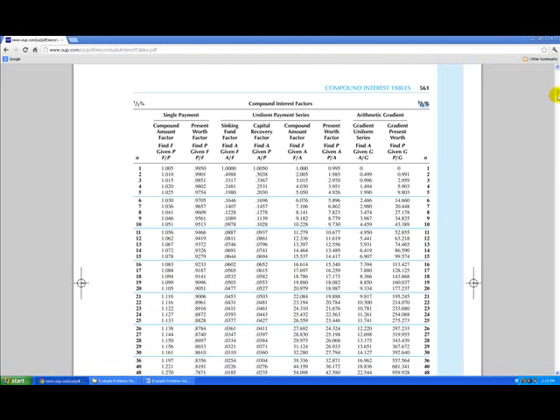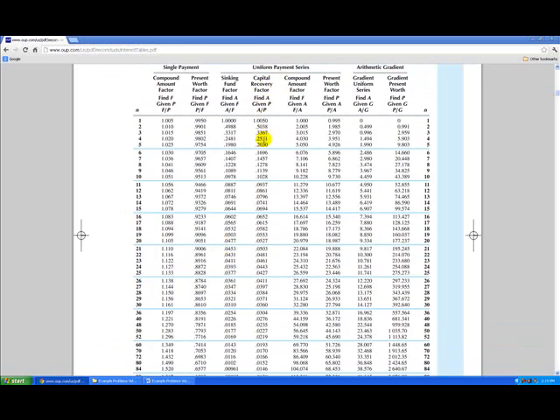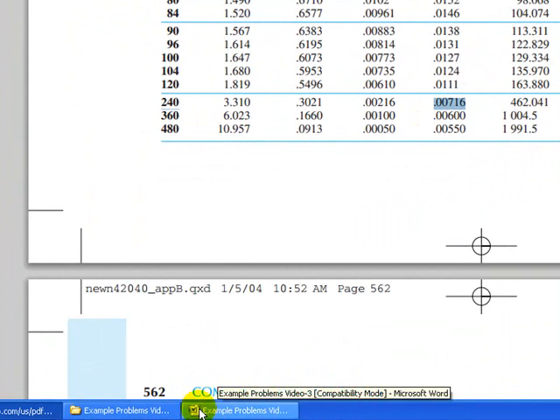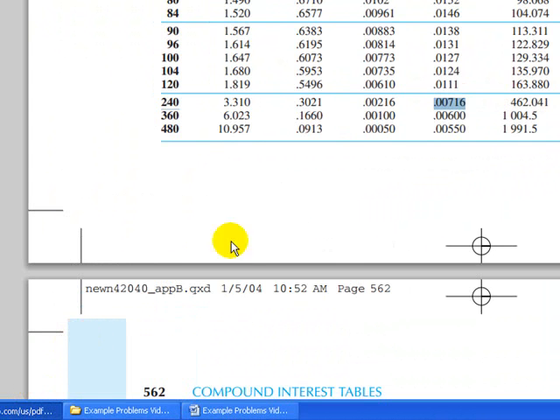So I'm going to scroll down. Here you can see N 240, right? And in the A given P column you will see 0.00716. So if you multiply 160,000 by the factor, you get the monthly mortgage payment, which is $1,145.60, right?